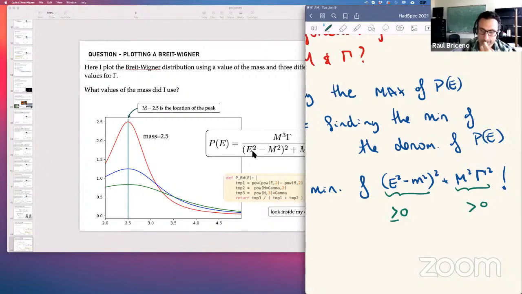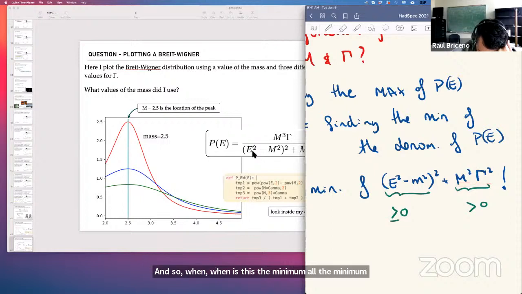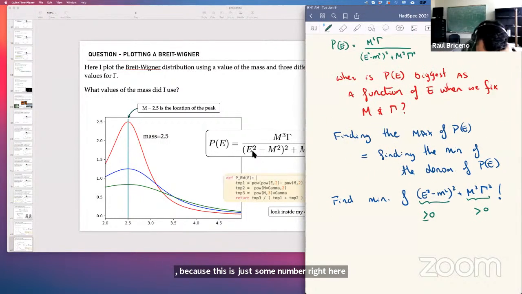And so when is this at minimum? Because this is just some number, I'm always adding some positive number, this doesn't do anything. So the minimum is when this thing is minimized, and this is going to be a minimum when it's equal to 0.